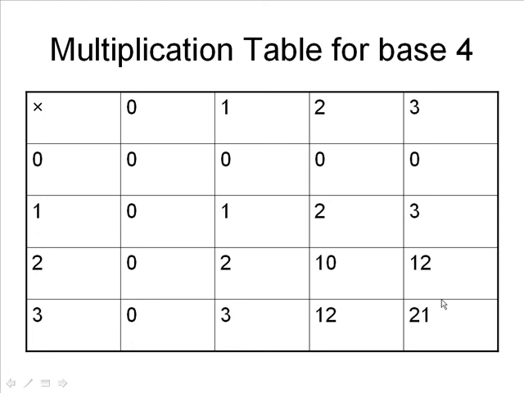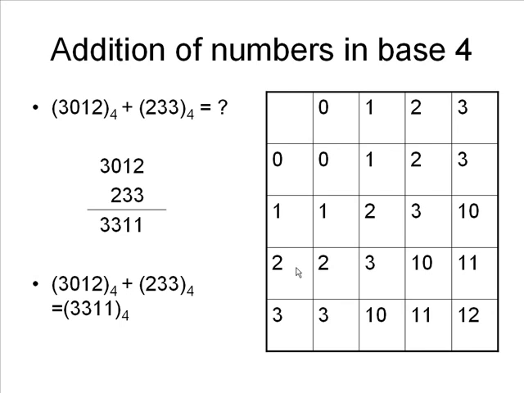Okay, so we're ready to use these tables to do addition and multiplication in base 4. These two numbers are expressed in base 4, and we carry out the addition like we did for base 10 numbers. So 2 plus 3 is 11.